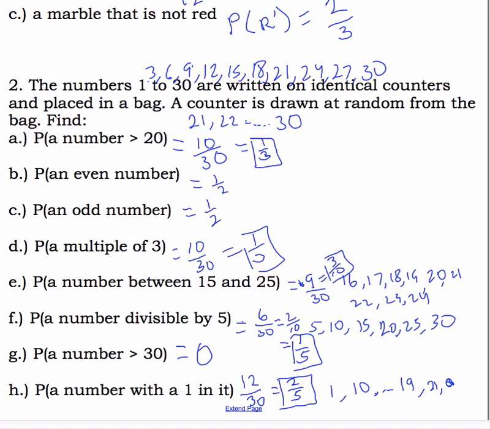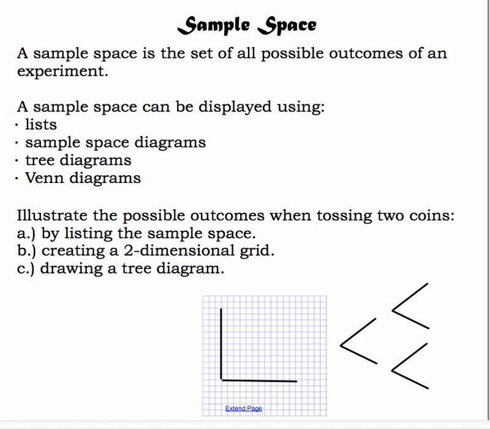Alright, so next we're going to look at sample space and how we can calculate theoretical probability using sample space. So sample space is the set of all possible outcomes in an experiment. Alright, and there's at least 4 different ways to write a sample space. Just a list, which is my favorite.